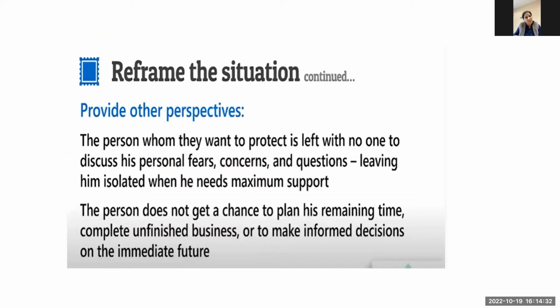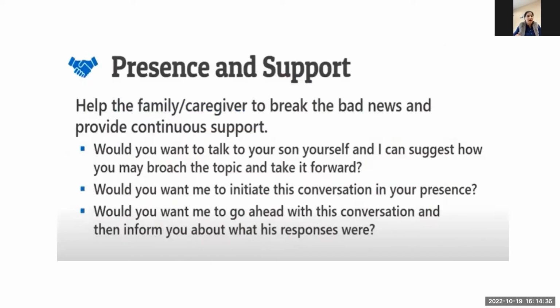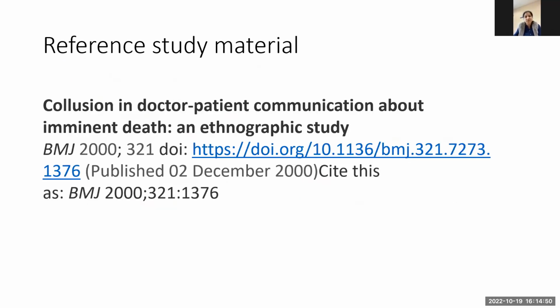Next, please. Yeah. And then the doctor needs to give support to the family member on how they will break this problem to the patient in a stepwise manner. These are the things which the students must keep in mind.